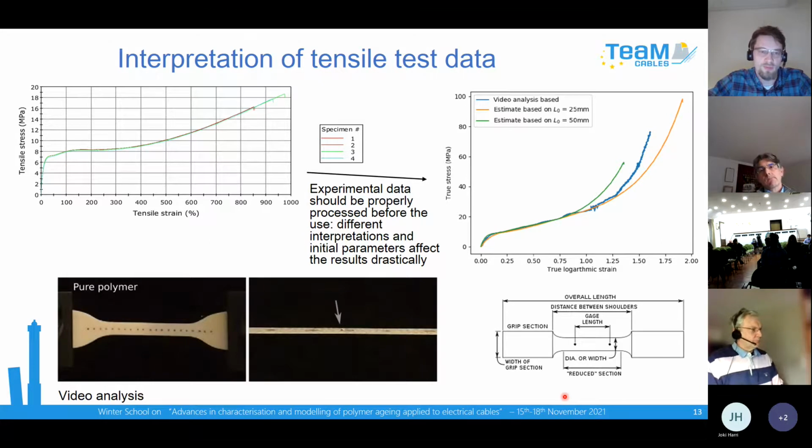In principle, we put some dots on the specimen and then record the whole tensile process on camera. Then by image analysis, we can extract the stress strain curve by measuring the distances between these deformed dots. So this is probably the most exact way to get stress strain data.